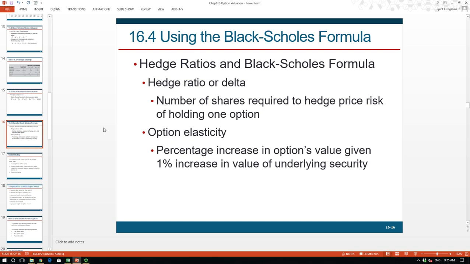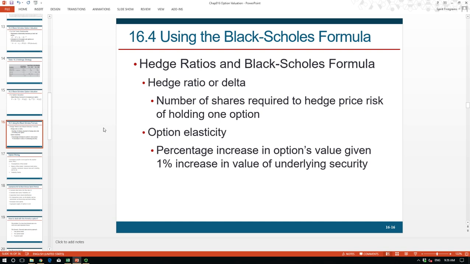It's the same thing, but N(d1) actually shows you three different aspects of option pricing. First of all, it is equivalent to the so-called hedge ratio, the ratio of stock versus options in your risk-free arbitrage portfolio. Also, this same number is the probability that the option will be in the money in the future. And third, this same number shows you the sensitivity of option price to a price change of the stock.